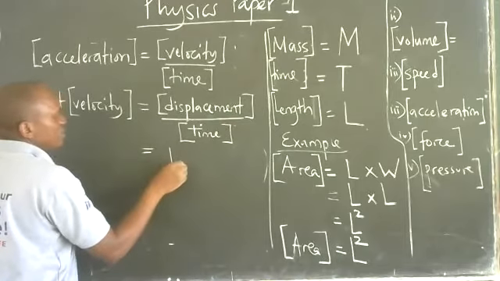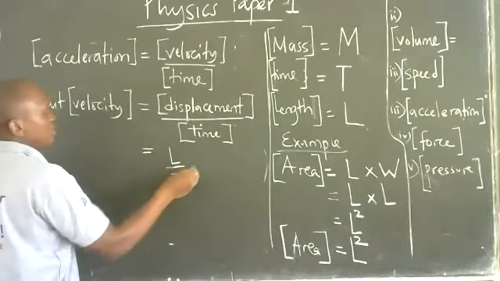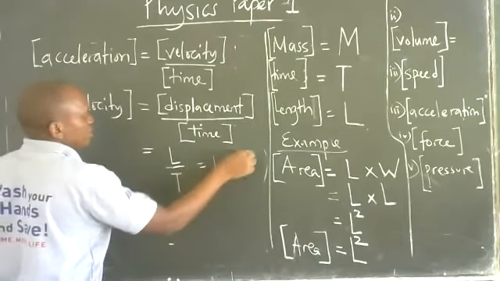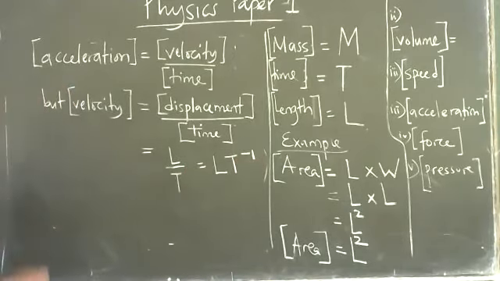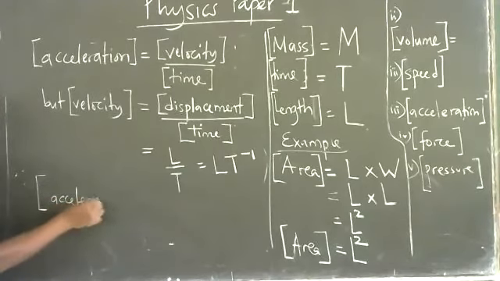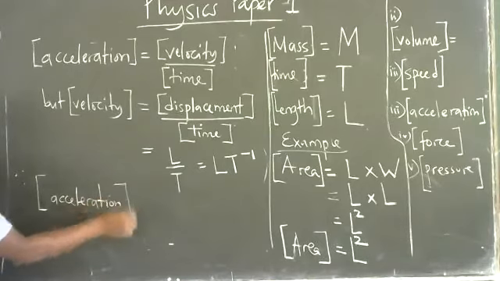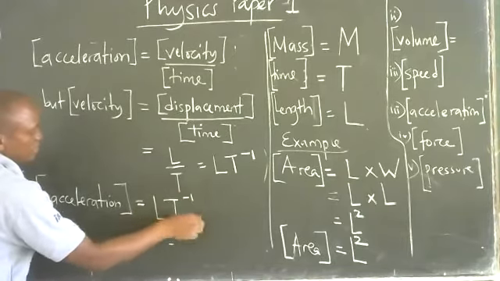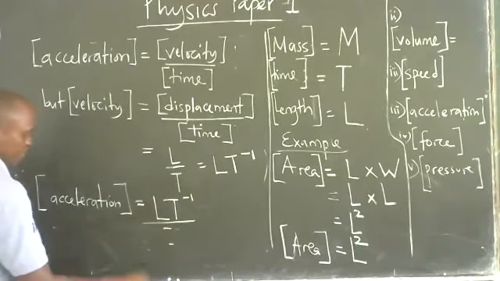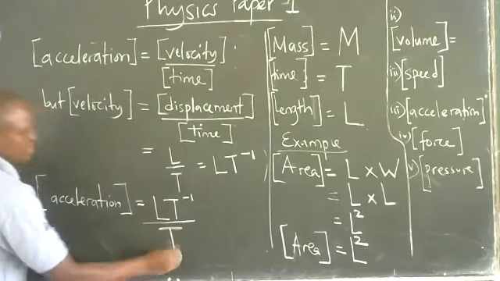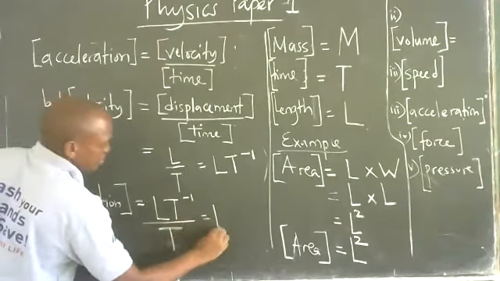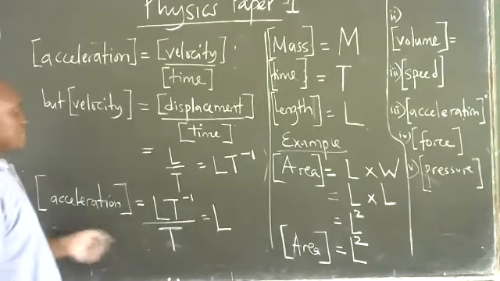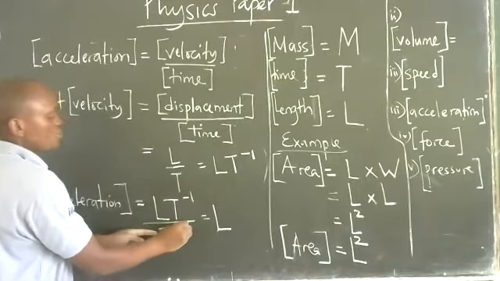Displacement is L, over T, which is the same as L T negative 1. So this is velocity. Therefore, acceleration will be L T negative 1 divided by T, which is the same as L. Now you look at the powers of T. This is T power negative 1, and this is 1.